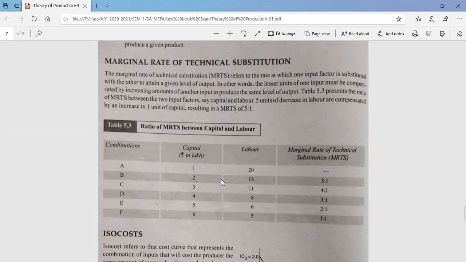I have to identify that exactly. If I don't identify it exactly, there will be an increase in my input cost. So the marginal rate of technical substitution refers to the rate at which one input factor is substituted with the other to attain a given level of output.